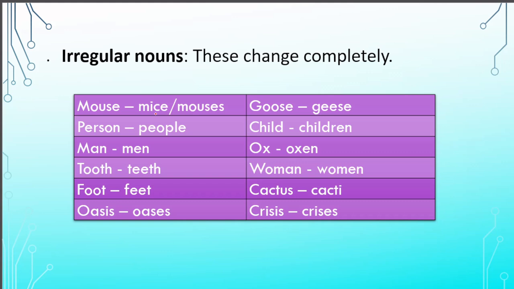Both are right. Next, person, people. Man, men. Tooth, teeth. Foot, feet. Oasis, oases. Goose, geese. Child, children. Ox, oxen. Woman, women. Cactus, cacti. Crisis, crises. These all are irregular nouns.